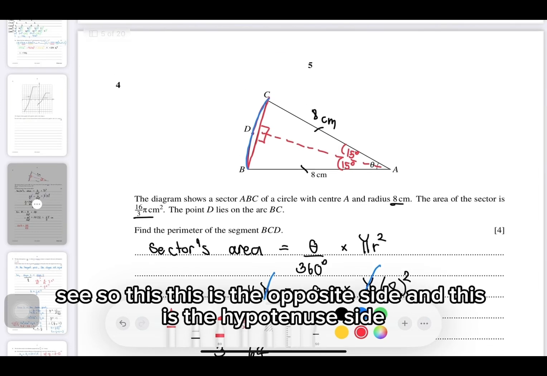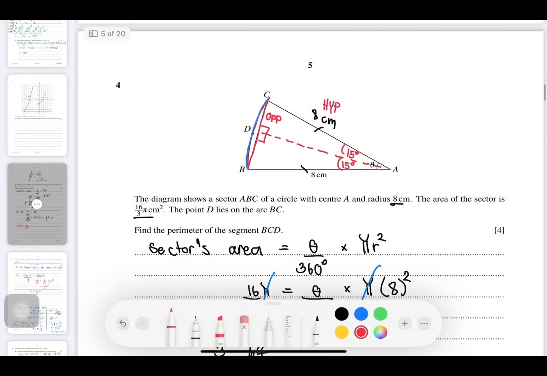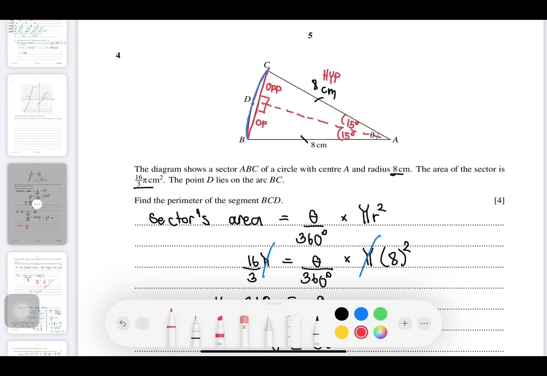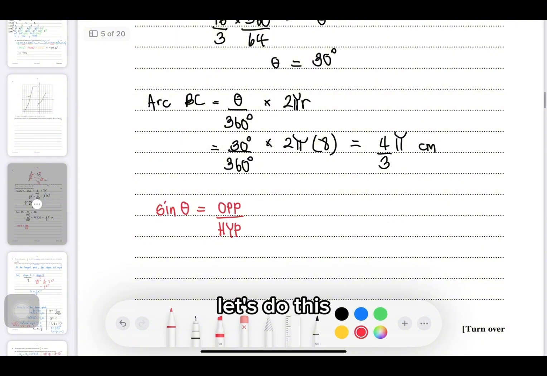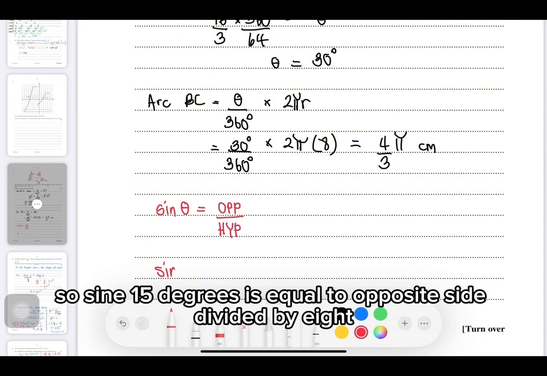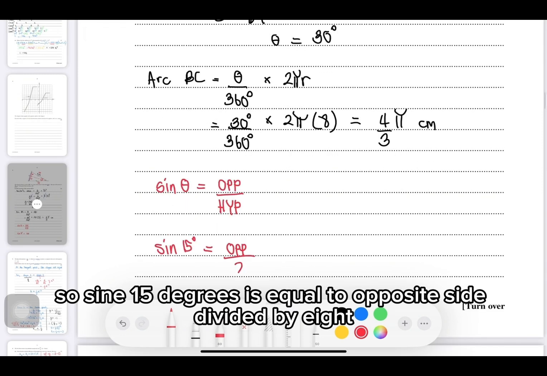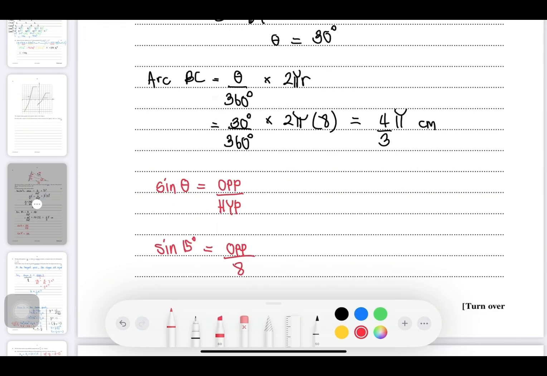So this is the opposite side, and this is the hypotenuse. Let's do this. Sine 15 degrees is equal to the opposite side divided by 8.